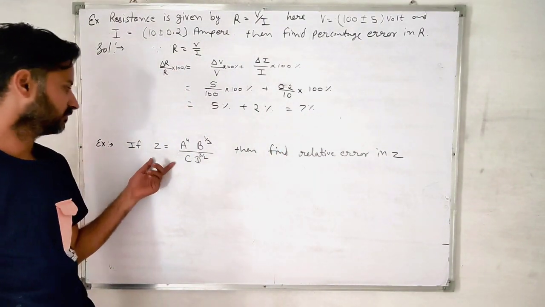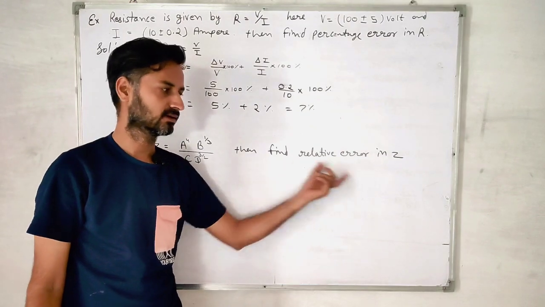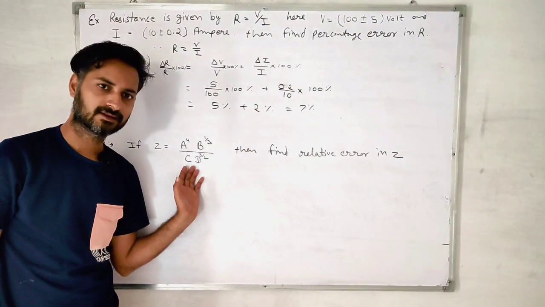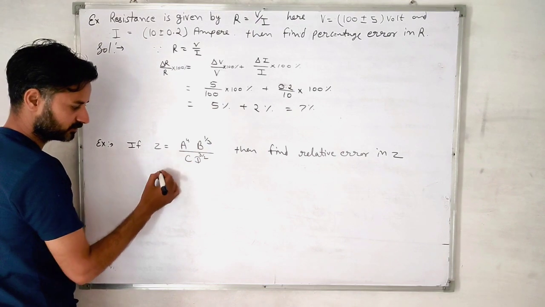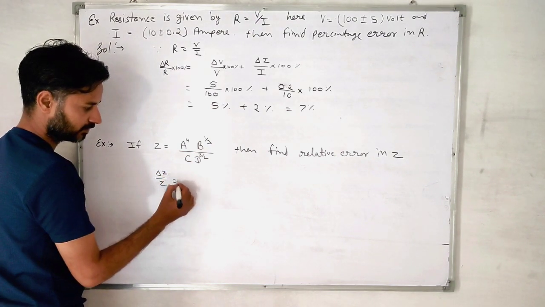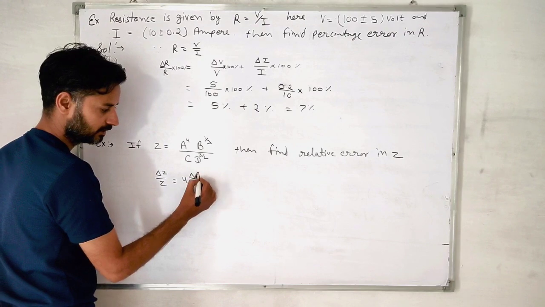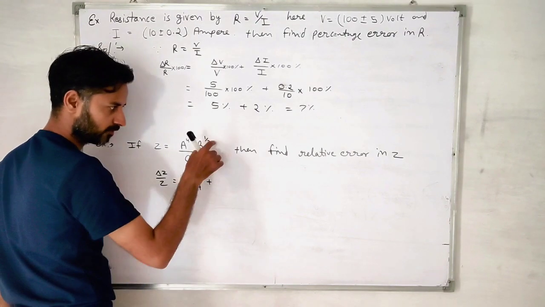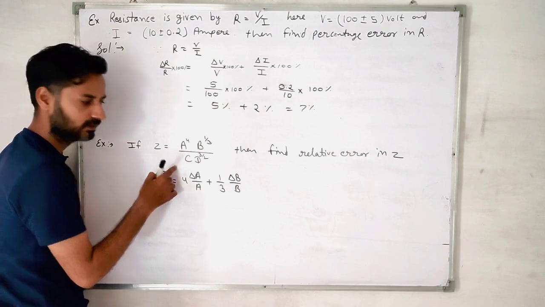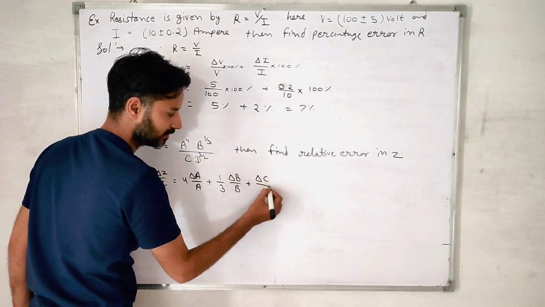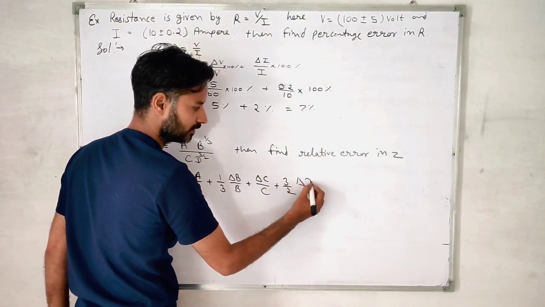The next example: if Z is given by a to the power 4, b to the power 1 by 3, divided by c, d to the power 3 by 2, then we have to find the relative error in Z. Here the error is due to the power, and we know that in power, the relative error of Z is given by del Z divided by Z equal to, first we have a to the power 4, this 4 will be multiplied and a will be del a divided by a, plus b to the power 1 by 3, so 1 by 3 will be multiplied with del b divided by b, c to the power 1, so 1 will be multiplied and we get del c divided by c, d to the power 3 by 2, so 3 by 2 will be multiplied and we get del d divided by d.